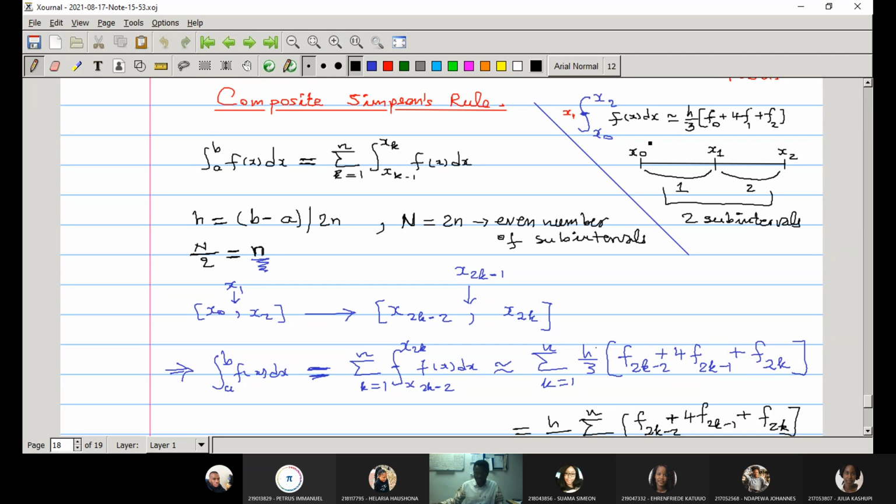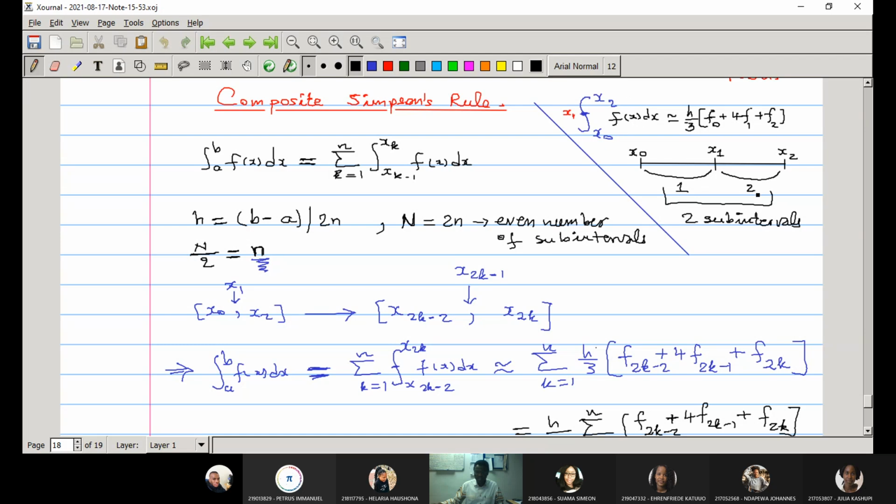So here on the right, we have our original Simpson's rule for two sub-intervals. That is, we integrate from x0 to x2. So we have two sub-intervals and three evaluations of the function: at x0, x1, x2, denoted here by f sub 0, f sub 1, f sub 2.